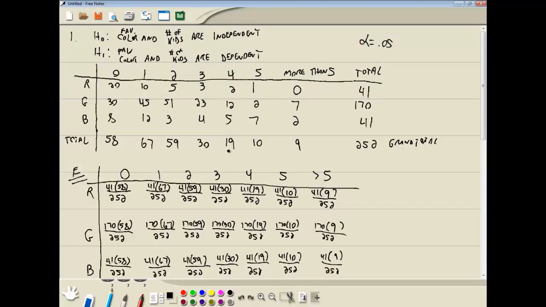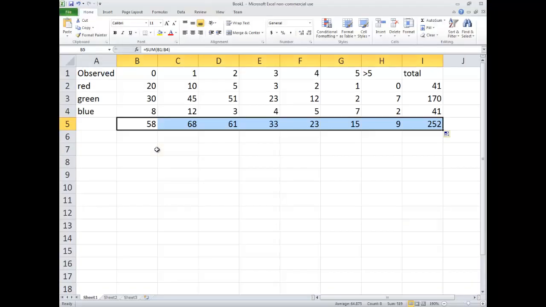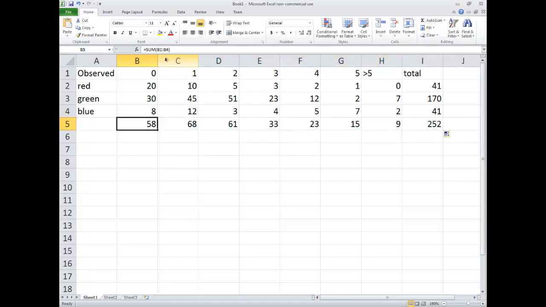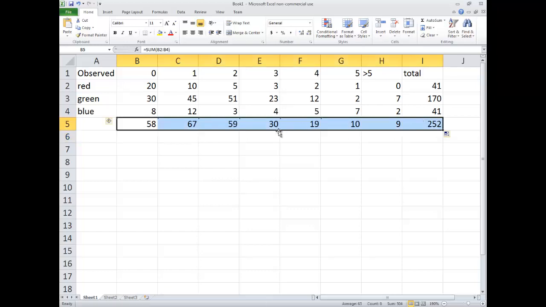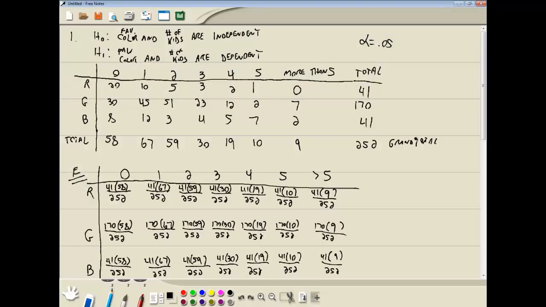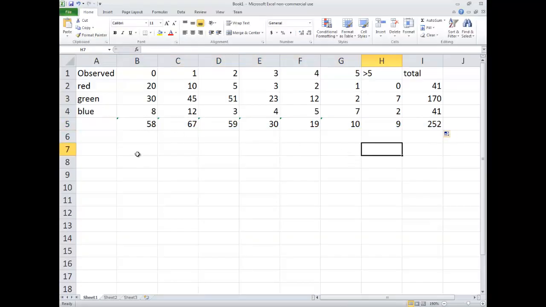Oh, I didn't want this to go up to B1. I wanted to go up to B2. And then fill that over. Okay, 58, 67, 59, 30, 19, 10, 9, 252. Okay, that looks good.